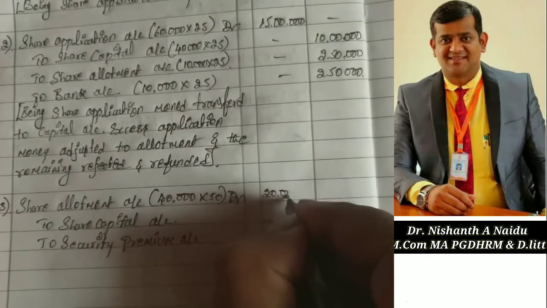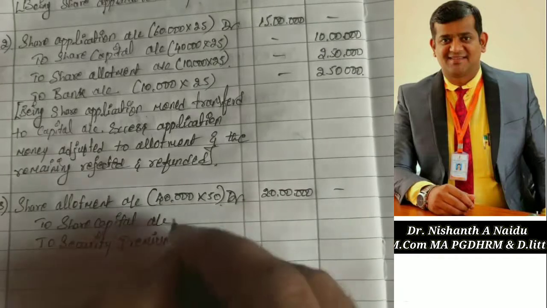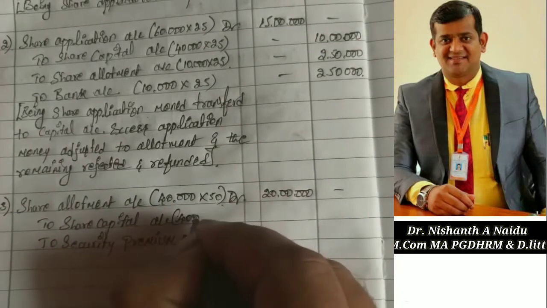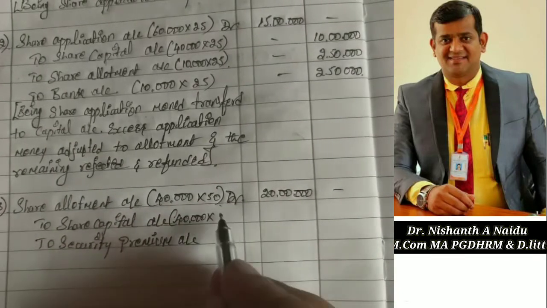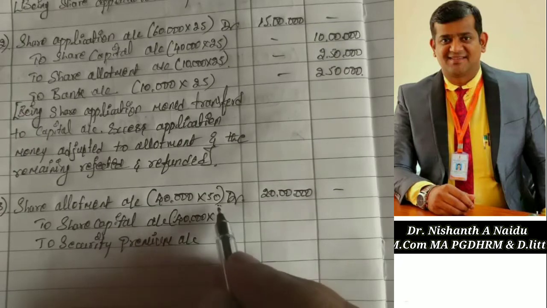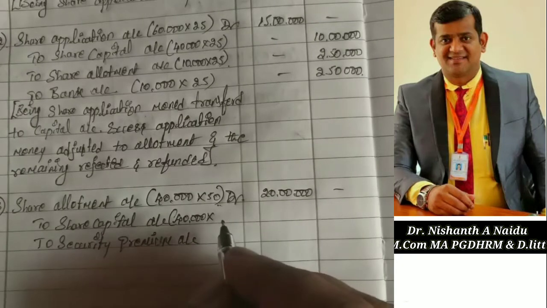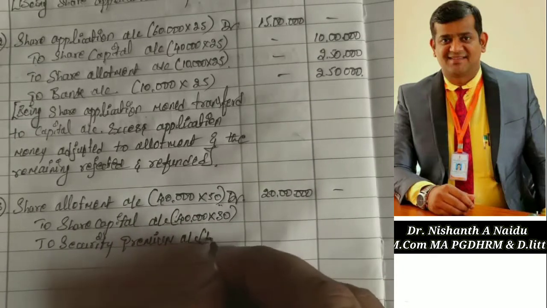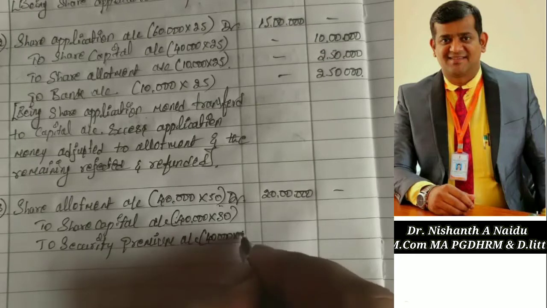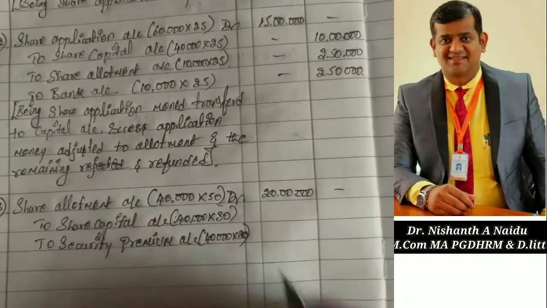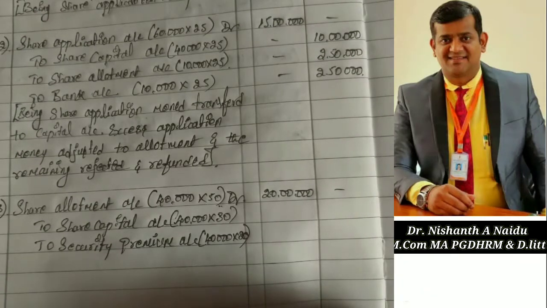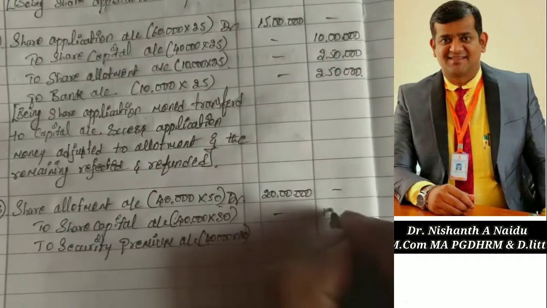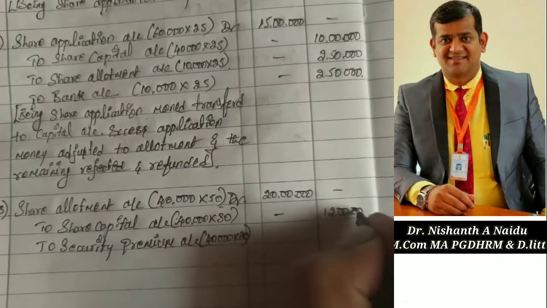So 20 lakh. Okay, so out of this for capital how much? Out of this 50, 20 is premium, so the left out is capital. So 50 minus 20 is 30. Then for premium we know that it is 40,000 into 20. Now add this 30 plus 20, 50. So 40,000 into 30, 12 lakh rupees for capital account.